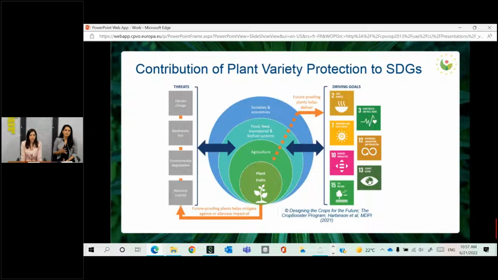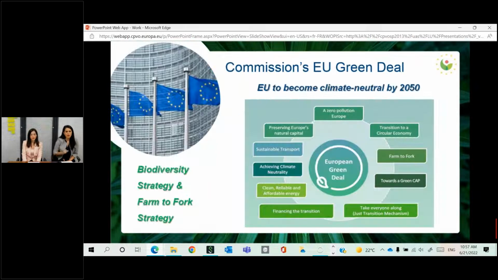This is why I was referring to goal number 15. So as you can see, plant breeding is part of intellectual property, a concept that is sometimes frowned upon. However, it has the potential to contribute to these very important geopolitical and international goals.